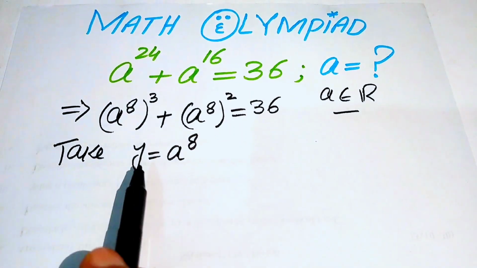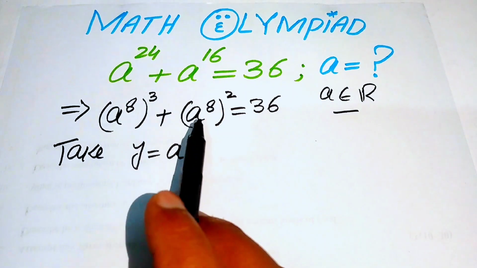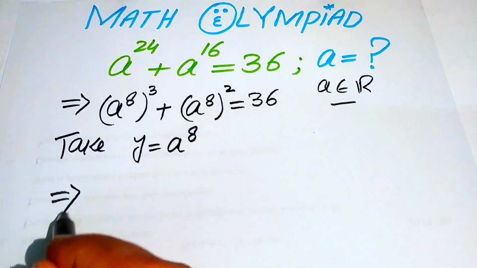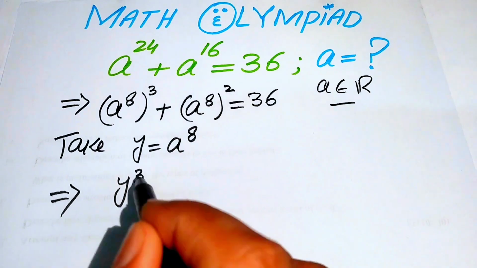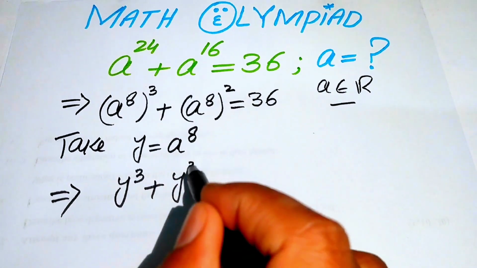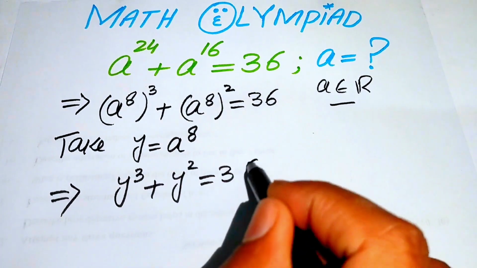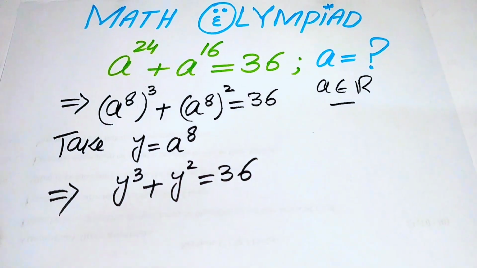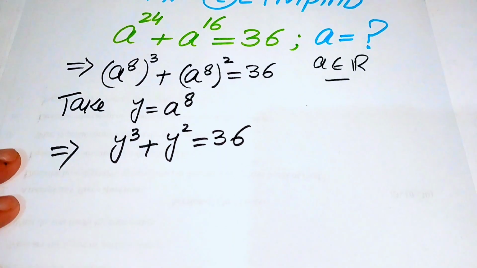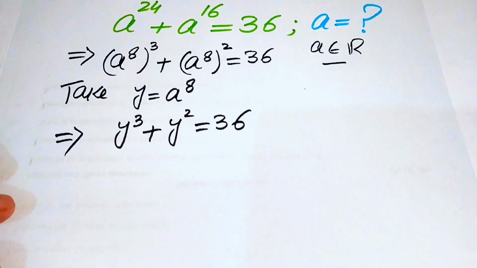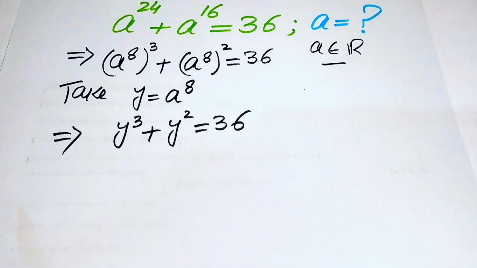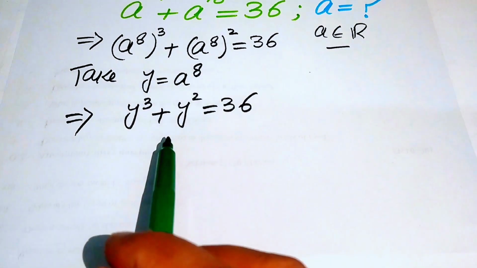When you substitute y equals a to the power of 8 in the above equation, it becomes y cubed plus y squared equals 36. In the next step, we obtain a cubic equation, so now we can make the factors of this cubic equation.